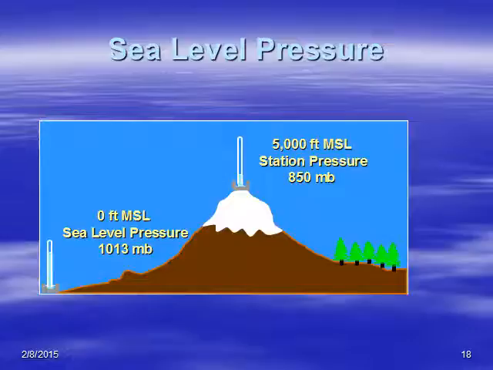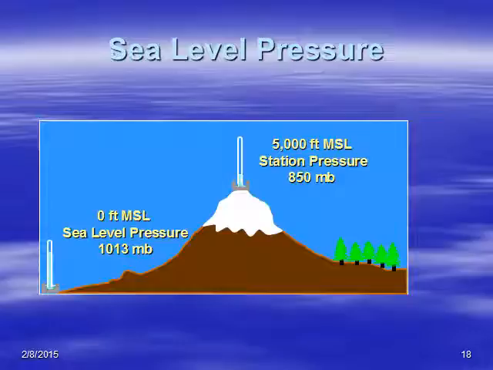There's the picture. And for example, you may be in a location on the top of a mountain or someplace where you're at a higher elevation, and the station pressure is what you would actually measure, the pressure there. In this case, at 5,000 feet, would be probably someplace close to 850 millibars.